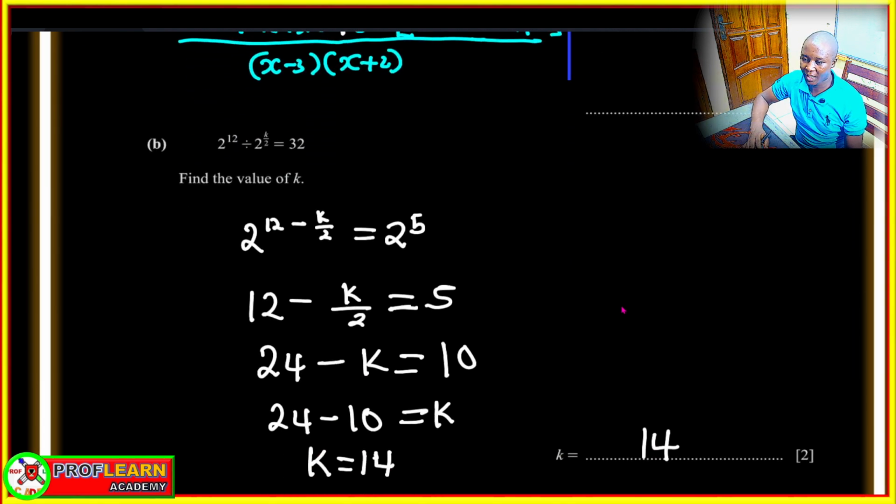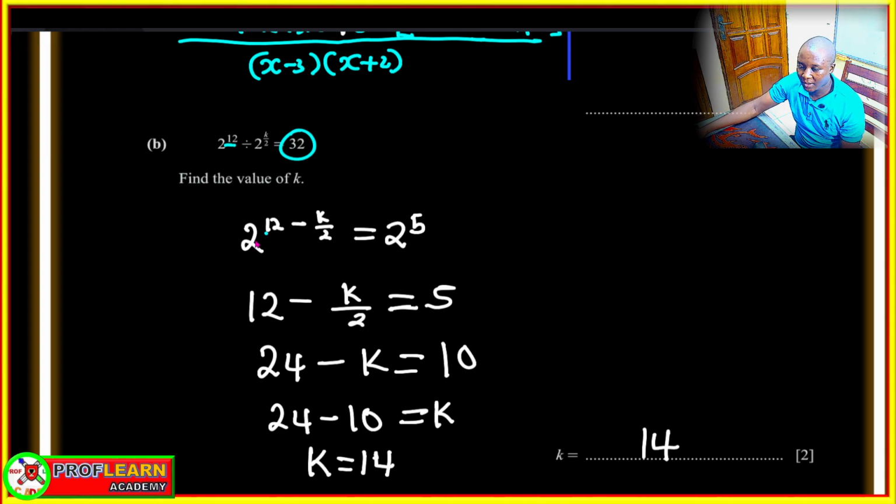And then we have indices, of course, a question to do with indices. When numbers are divided and they have the same base, we subtract their powers. So here 32 can be written as 2 raised to power 5. We subtract these powers, so we are going to have 12 minus k over 2 is equal to that.